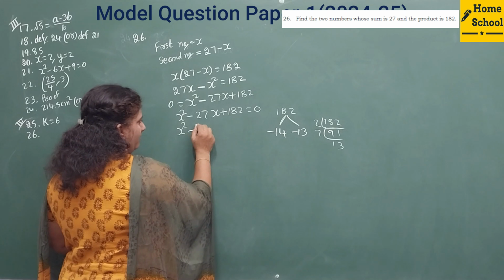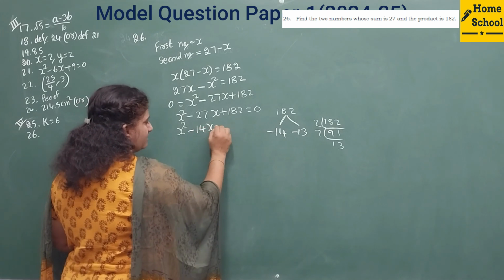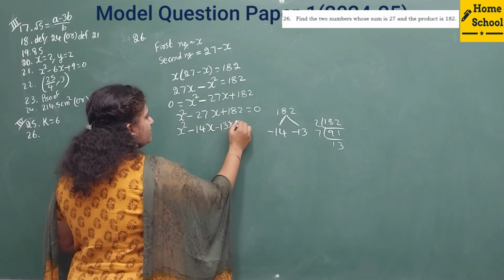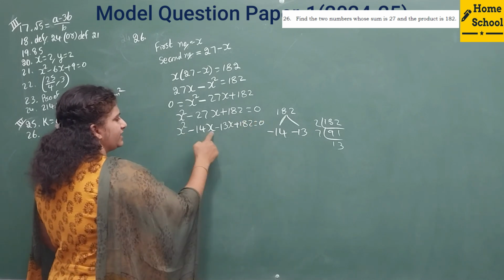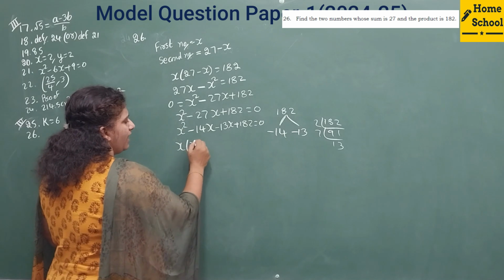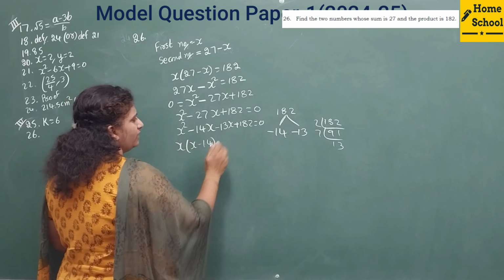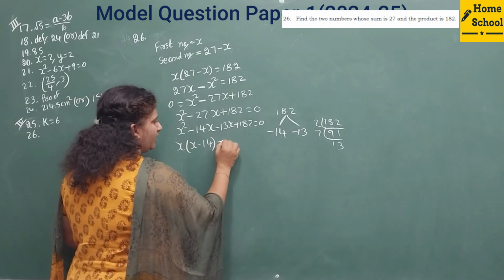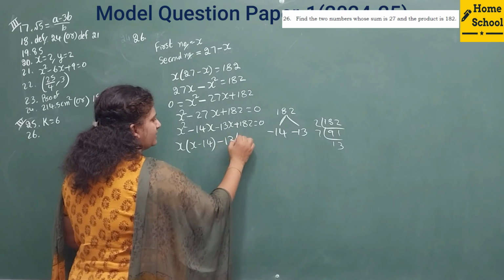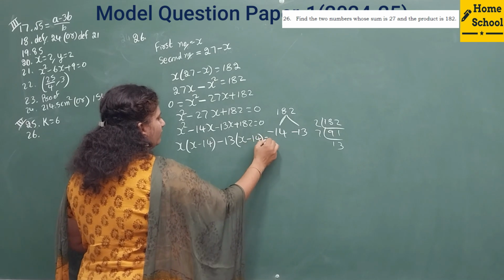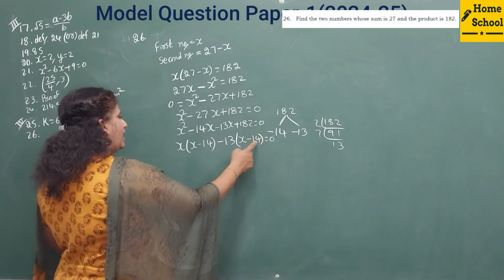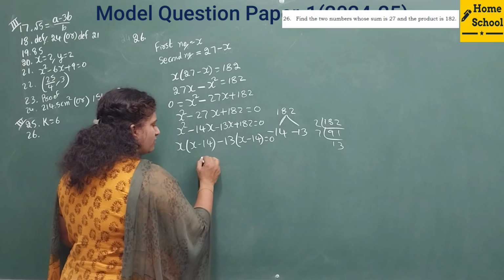X square minus 14x minus 13x plus 182 equal to 0. Among these two, take x common. X minus 14. And among these two, take 13 common. So minus 13 if you take out common. X minus 14 equal to 0. Again in these two, x minus 14 is common.